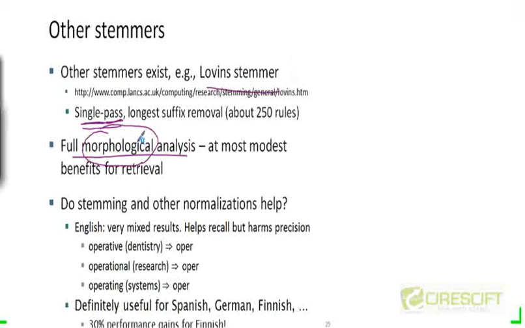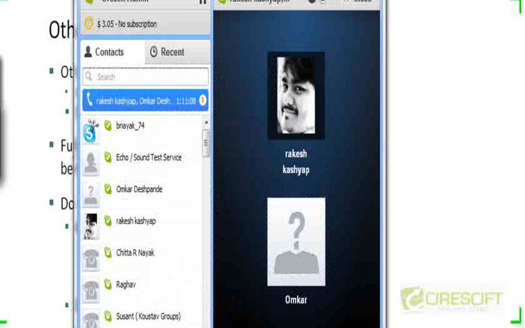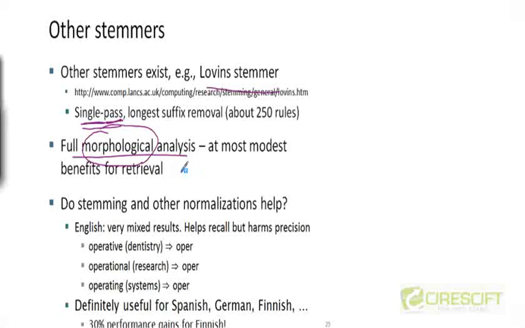Now the question is, to what extent does stemming or lemmatization help? It turns out that a full-fledged language analysis of words in order to convert these words into a root form does not significantly improve the quality of your engine results. There are some benefits, but the benefits are not great for English.